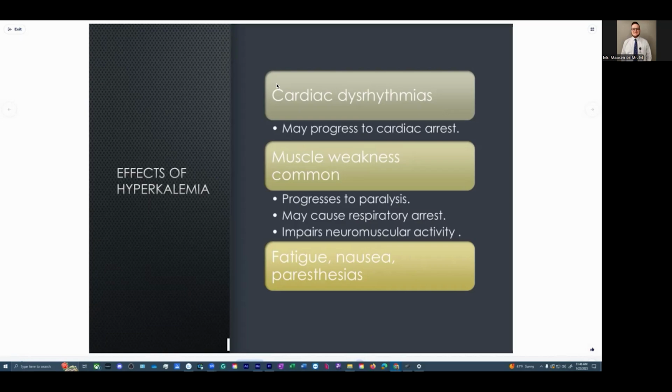With high potassium, it tends to be a larger risk that they're going to have cardiac arrest or some kind of severe cardiac event. But either way, high or low, you're worried. Similar signs and symptoms for both high and low, basically: muscle weakness to the point of respiratory issues, and then paresthesia again, that sort of stuff.